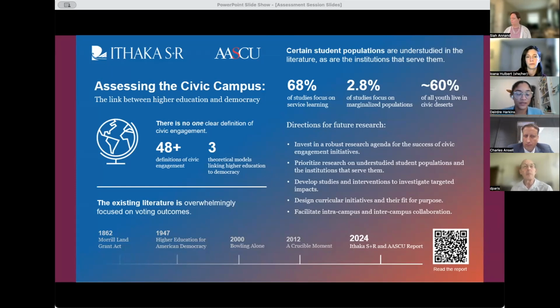And I know Awana wants to talk about this a little bit more in terms of voter turnout, so I won't say too much on that, but much of the literature also noted that the social sciences are positively associated with higher voter turnout, with the opposite being true for graduates of STEM programs.